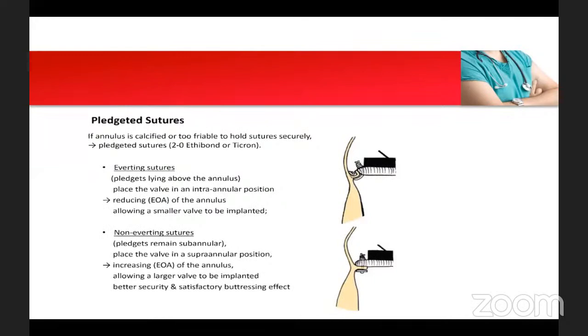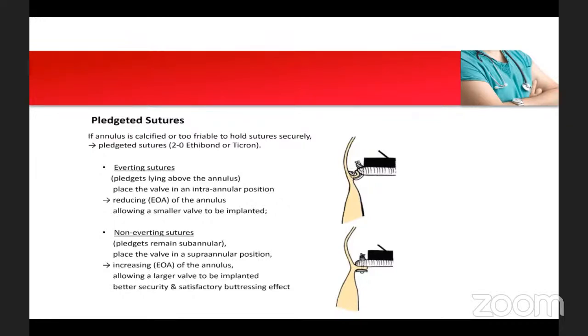Moving to stitching technique, usually we use pledgets. Normally we use them to add more security, especially if the annulus is calcific or friable, to hold the suture. We have two techniques, everting and non-everting sutures.